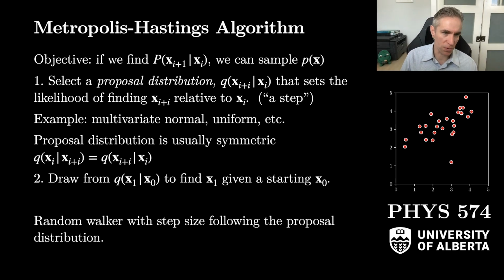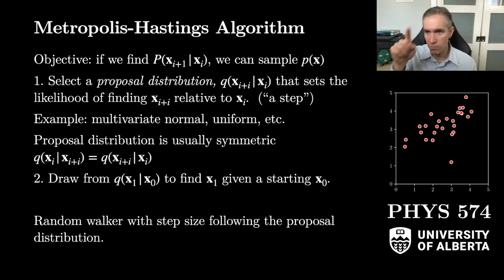We can choose a multivariate normal, or something uniform in some n-dimensional sphere, it doesn't matter. So you can set that as your distribution. The proposal distribution is ideally symmetric in its arguments. So the probability of going from x_{i+1} to x_i, taking a backward step, is equal to the probability of getting to x_{i+1} from x_i.